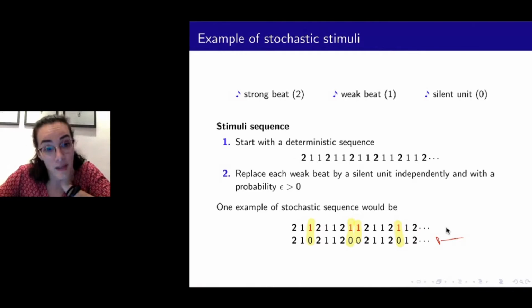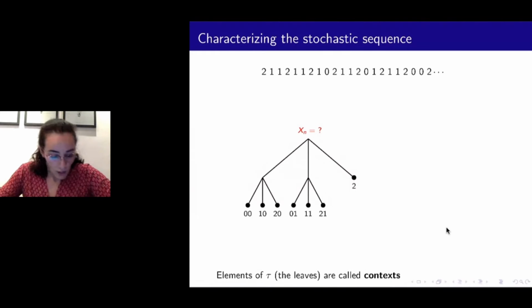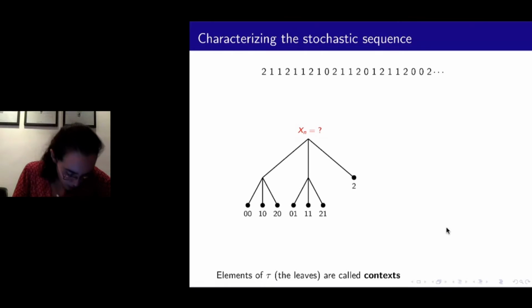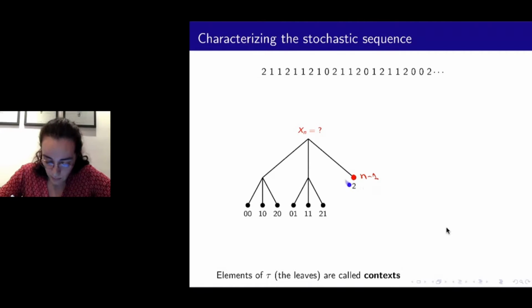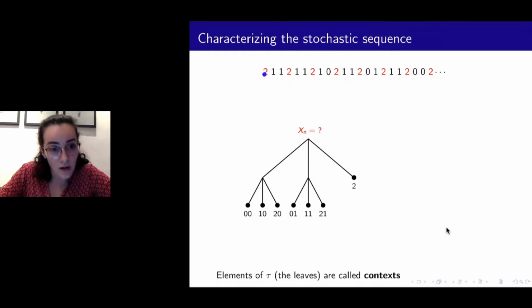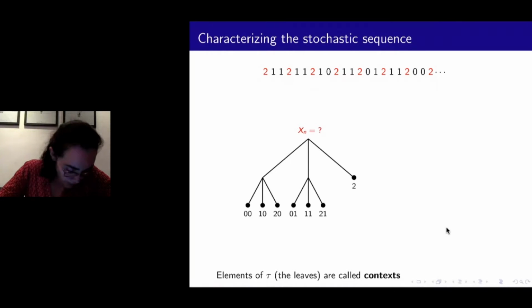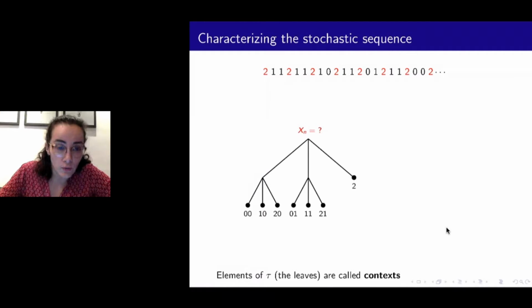If you want to generate this stochastic sequence step by step, you can do it in the following way. If you want to know what is happening in the step n, and I don't give you any kind of hint, the best you can do is guess, right? But if I tell you that in the step n minus 1, the last stimulus was a strong beat, or a 2 in our numerical sequence, then the next step is either a 1 with probability 1 minus epsilon, or a 0 with probability epsilon.